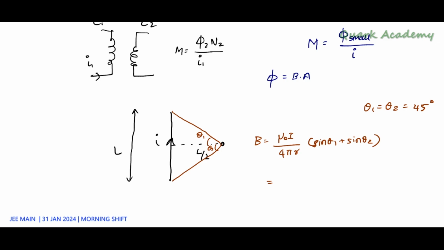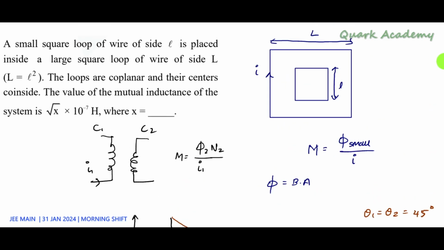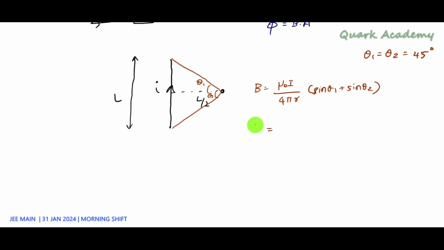If we find the magnetic field due to the entire square loop, it is going to be 4 times. So the total magnetic field is 4 times mu naught I by 4 pi L by 2 times sine 45 degrees plus sine 45 degrees.